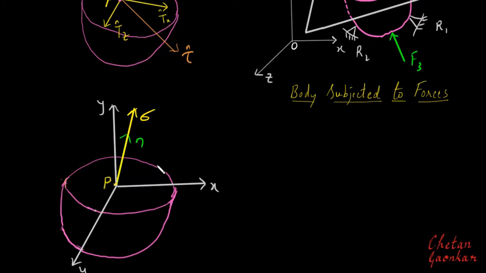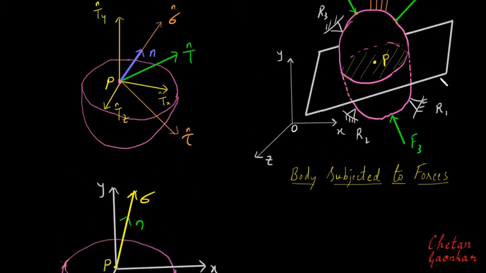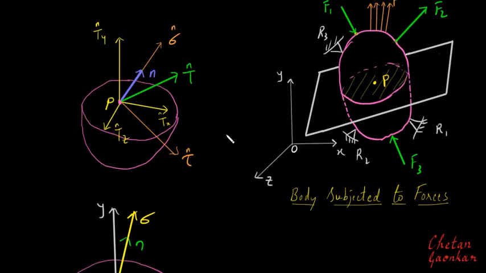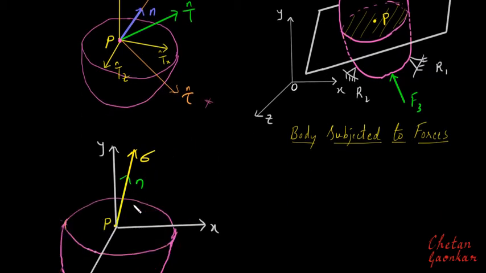So basically we are trying to find which are those planes in this body, for a given loading condition, for a given frame of reference, on which there will be no shear stress component and all the stresses acting are only in the normal direction.